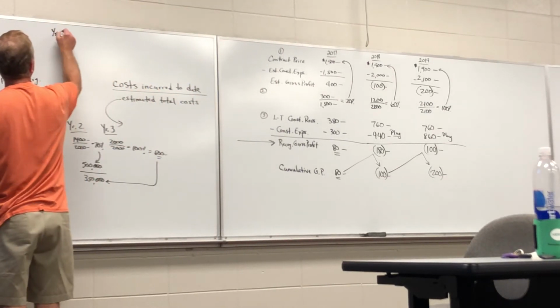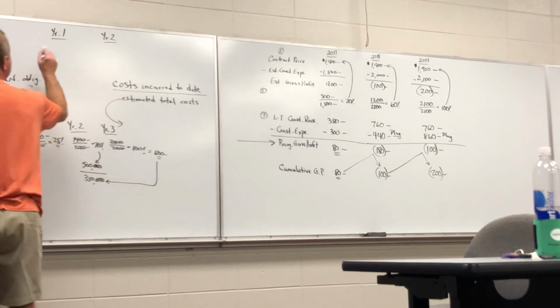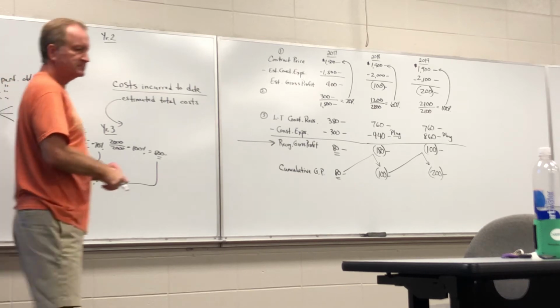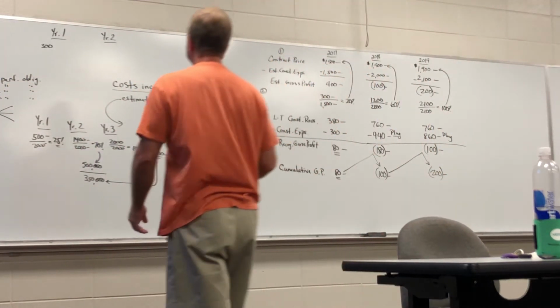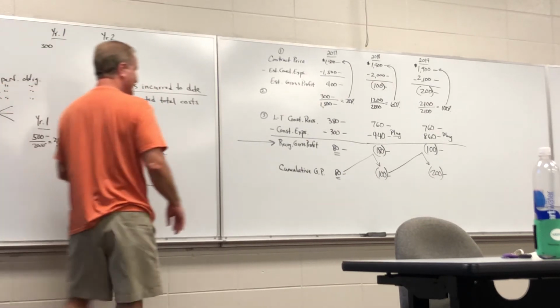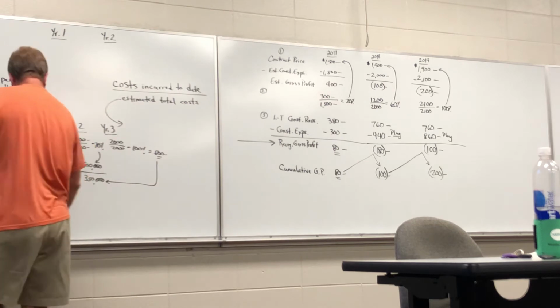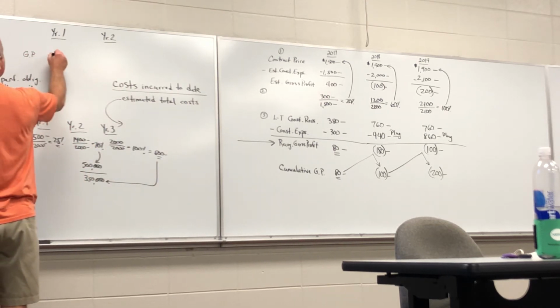Let's look at year one, and then we can go to year two. No, that's the amount of gross profit, sorry. That's the amount of gross profit we recognized in year one, so we don't have to do all the calculations for that. So that's my gross profit in year one, $300,000.